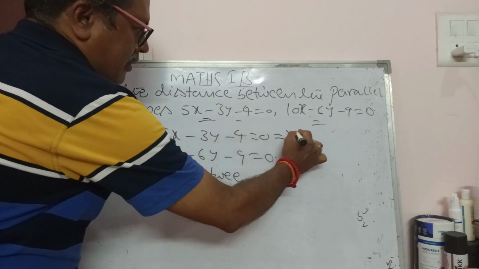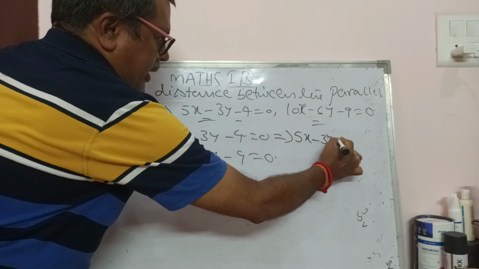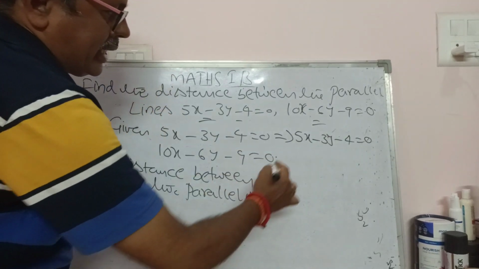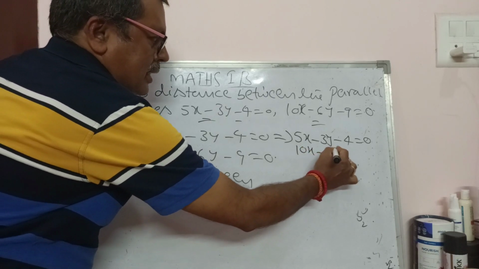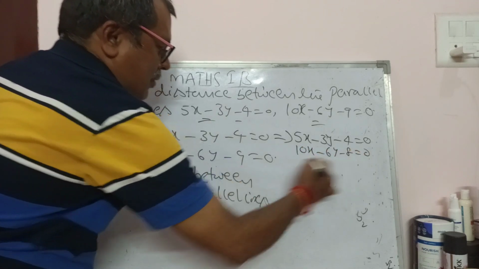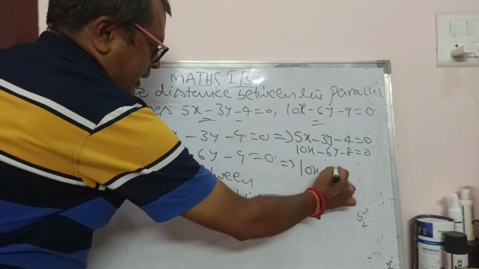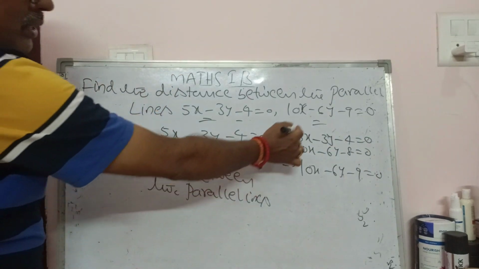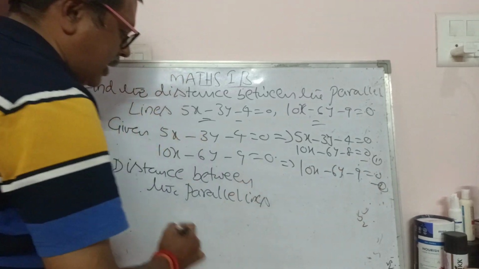So let us multiply the entire first equation by 2. Thereby it becomes 10x minus 6y minus 8 is equal to 0. The second equation is 10x minus 6y minus 9 is equal to 0. Now these two equations are parallel because their slopes are equal.